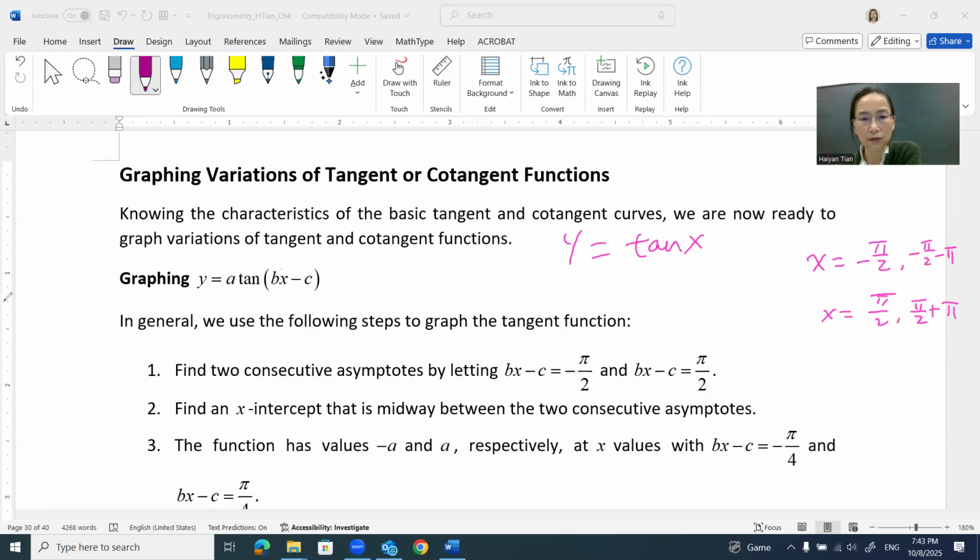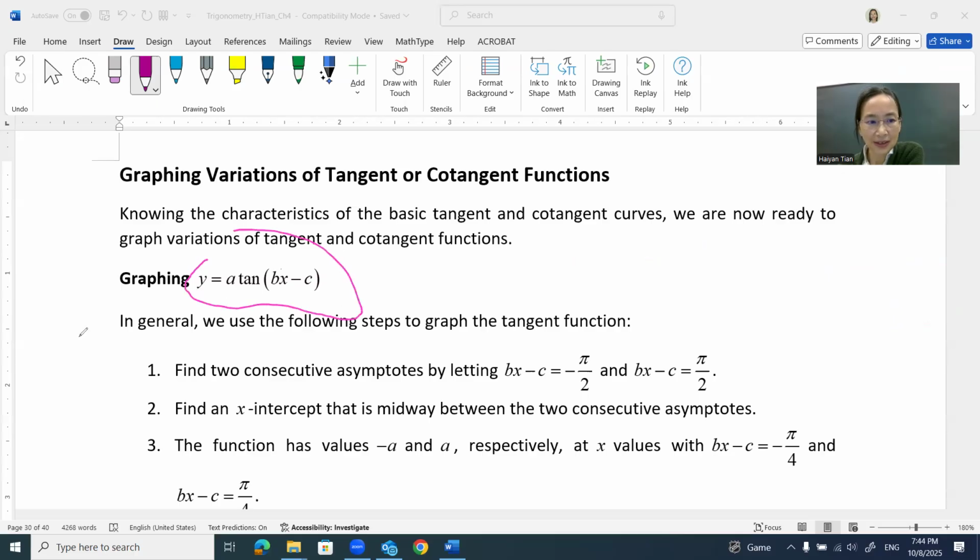So we have an infinite number of vertical asymptotes for the tangent function. But the very important thing is we want to draw one period of the periodic function. So let's also set this quantity to negative pi over 4 and to positive pi over 4. At least we know the tangent value is either negative 1 or 1. So that will make it simple.